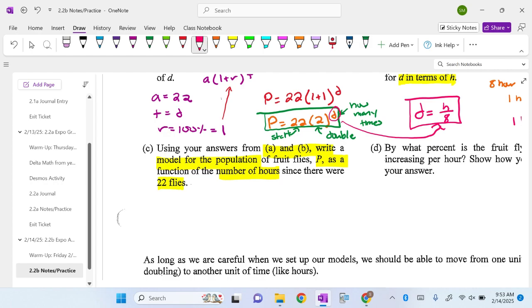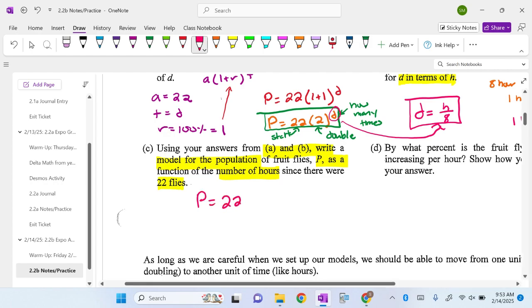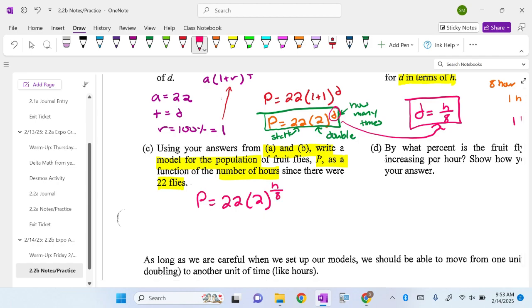So this would be P is equal to 22 times 2 to the H divided by 8. So in other words, if we were given the number of hours, we can easily figure out how much we doubled within that number of hours.